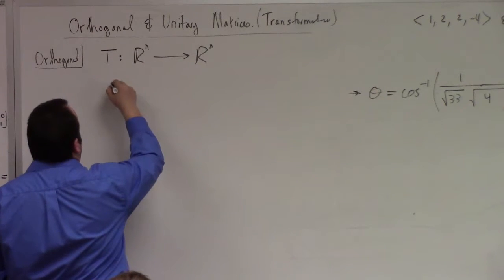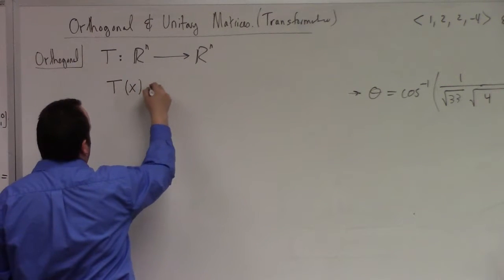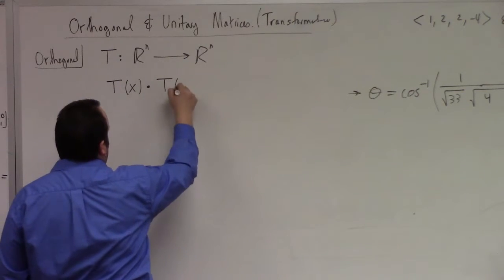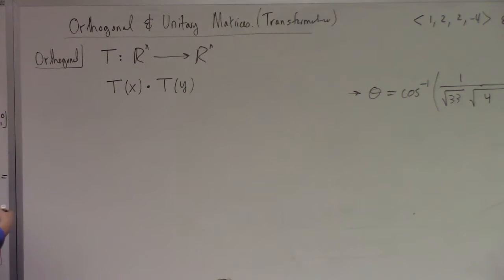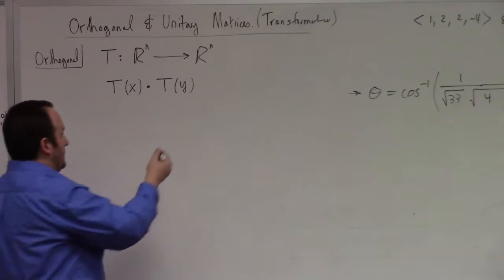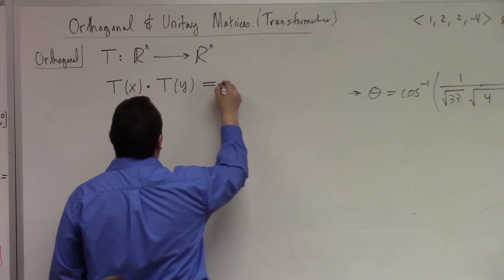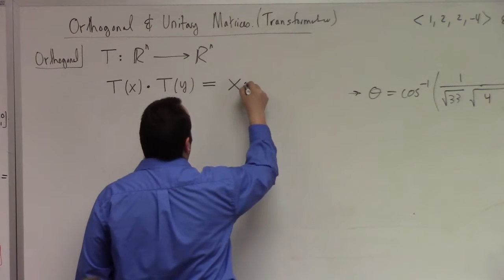If we take the dot product of T of x and T of y, where x and y are vectors in Rn, if this is an orthogonal transformation, by definition for us, that's going to be equal to x dot y.